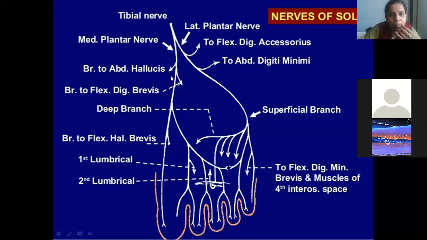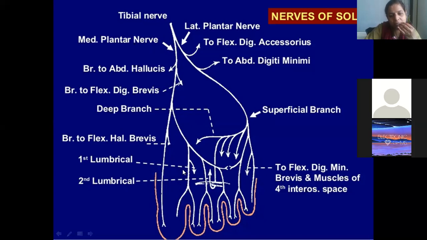So this is all about the medial plantar nerve. I'm repeating the medial plantar nerve again. One of the terminal divisions of the tibial nerve is the medial plantar nerve. From its main trunk, it directly gives branches to abductor hallucis and flexor digitorum brevis, and then it divides into medial and lateral divisions. The medial one continues on the medial aspect of the great toe.